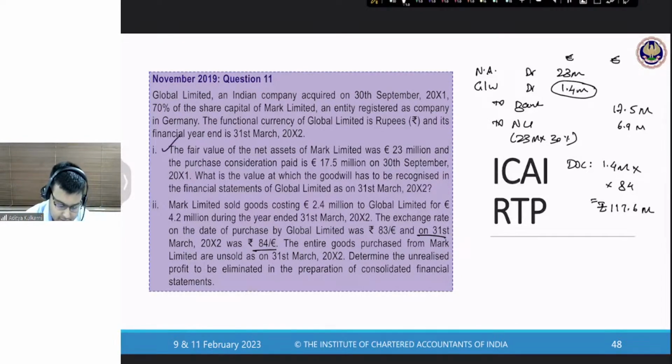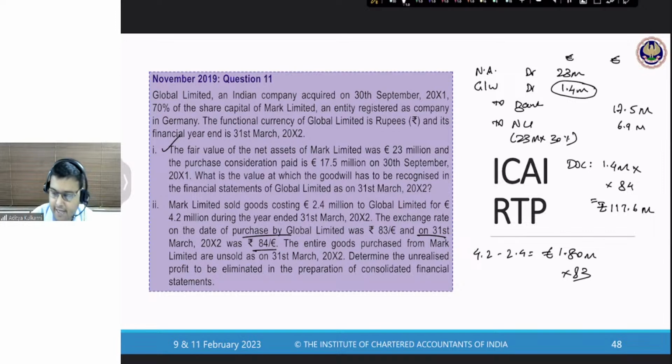Coming to the next one. Selling price of inventory is 4.2. Cost of inventory is 2.4. So unrealized profit is 1.8 million. This inventory is entirely in stock. Exchange rate on the date of purchase is 83.